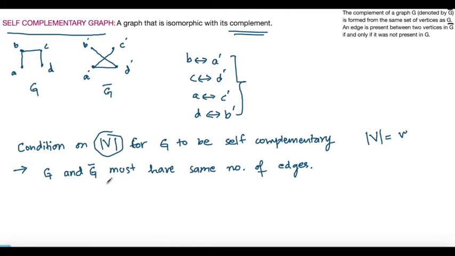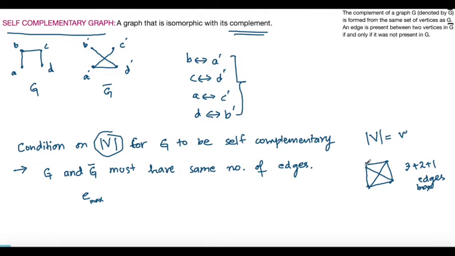Now what is the maximum number of edges for a graph with v vertices? Note that if we have 4 vertices, then we have 1, 2, 3, 4, 5, and 6 edges. So for 4 vertices we have 3 plus 2 plus 1 edges at maximum.